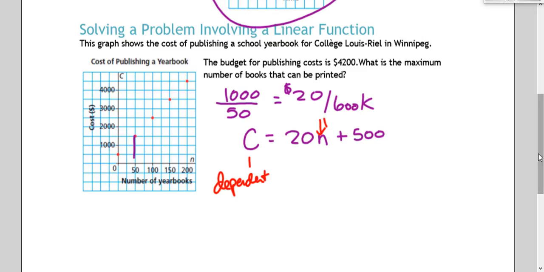This is the independent. This is the rate of change. And this is the start value, I think it was called. It might have been called something different. We'll call it something different as we go along here.